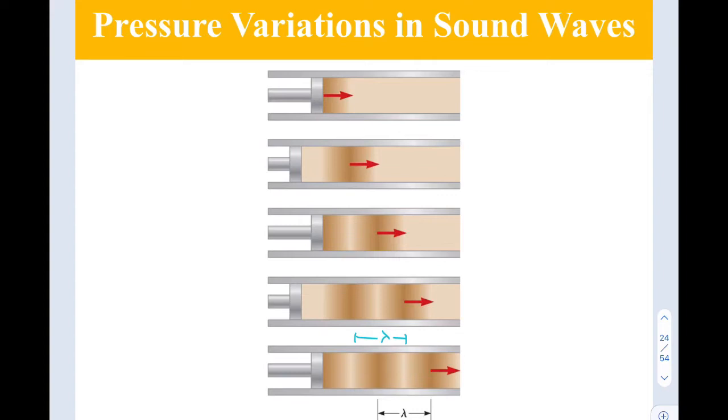This is a similar approach to the pulse or wave on a string system. 1 lambda is defined as the distance traveled from the same point, say from crest to crest, or trough to trough. The time taken to have 1 lambda is known as the period.